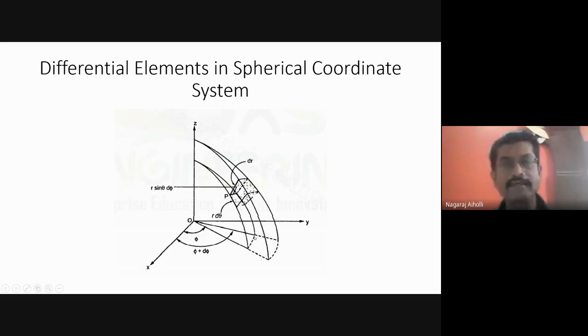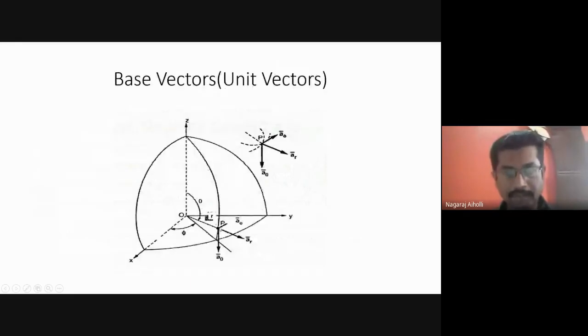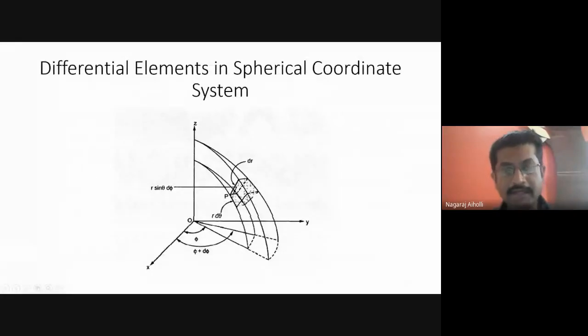Now if this is r d phi, how much is it increased when I go from the original point P? This is our original point, before increasing by the differential amount. Now we increase to some other differential point, with r going to r plus dr, theta to theta plus d theta, and phi to phi plus d phi.